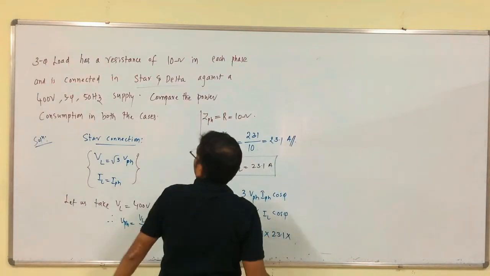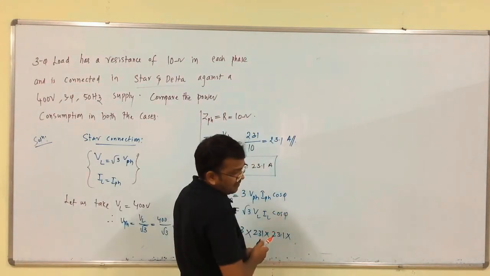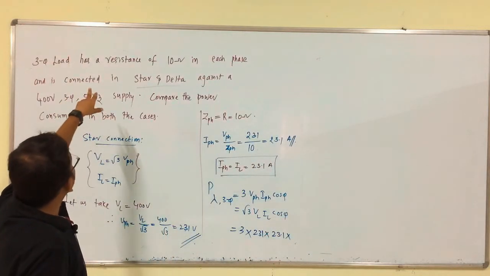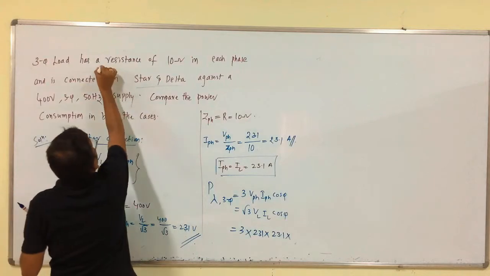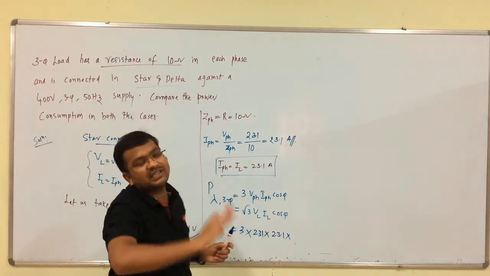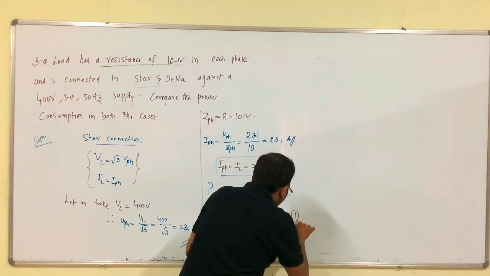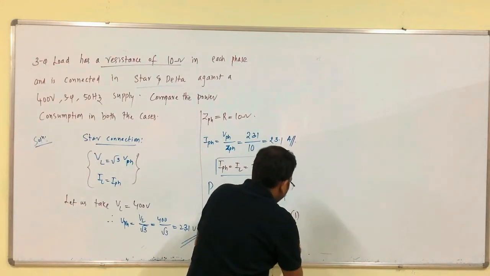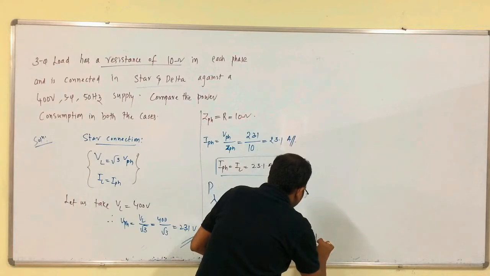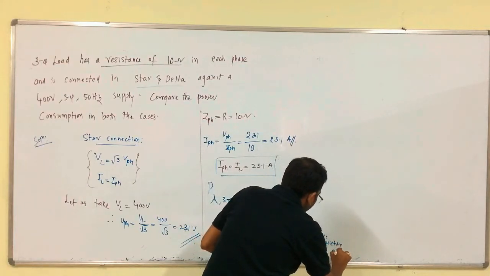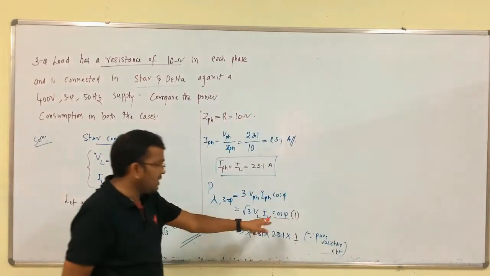What is cos phi? Here, the 3-phase load has a resistance of 10 ohms. The load is having only resistance. Since it is a pure resistive circuit, cos phi is taken as 1.